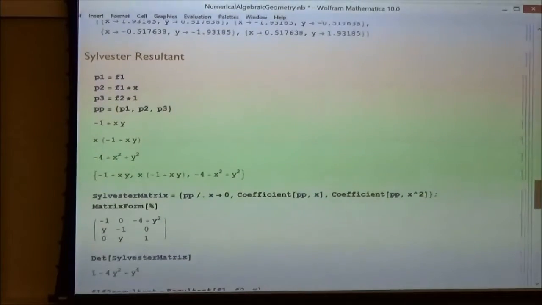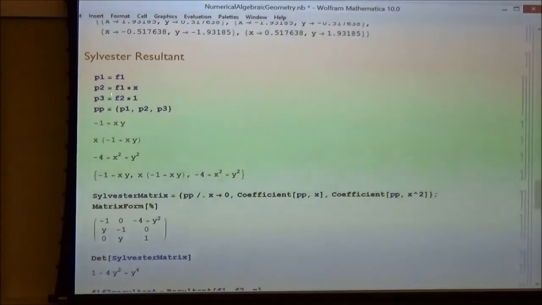Here's an example of how, in Mathematica, there's a built-in function called Resultant that you can use for the two-polynomial case. But I'll show you a manual way to do it.